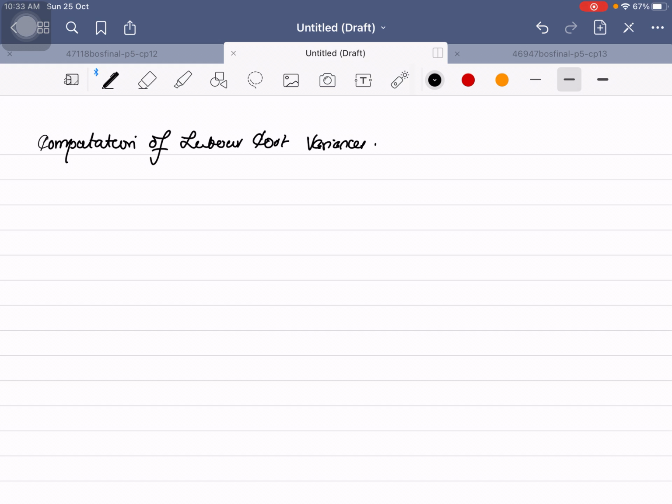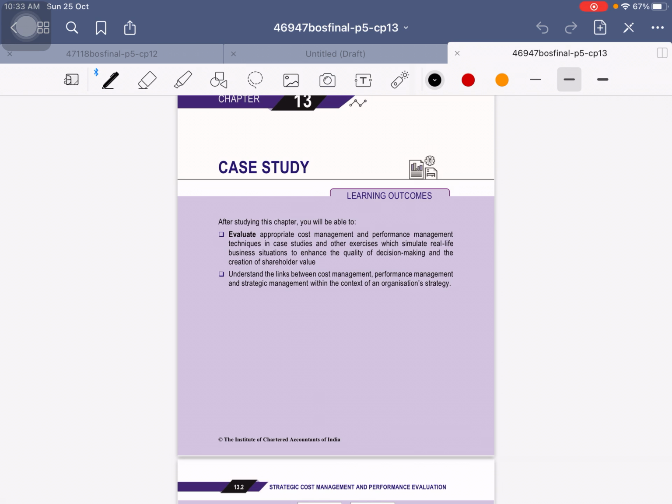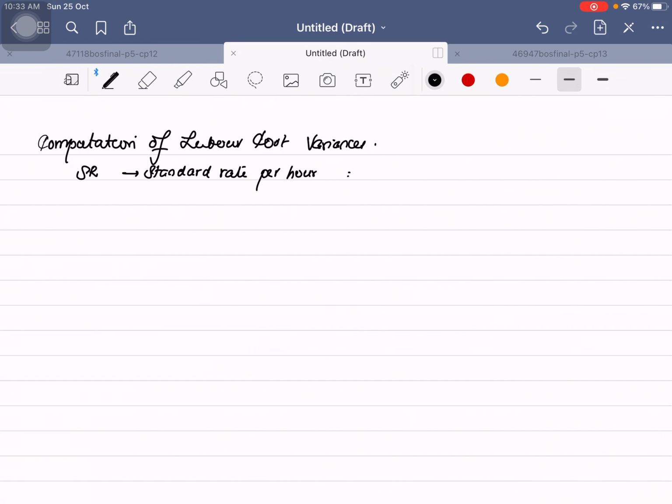You require SR. What is SR? Standard rate per hour. What is the standard rate per hour? It is given as rupees 8 per hour.